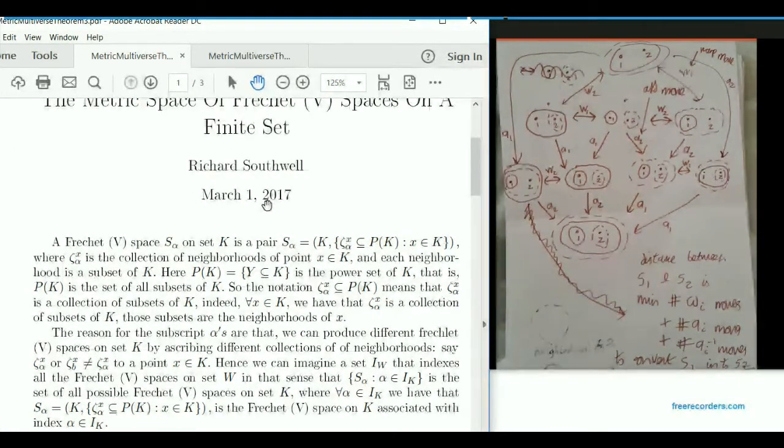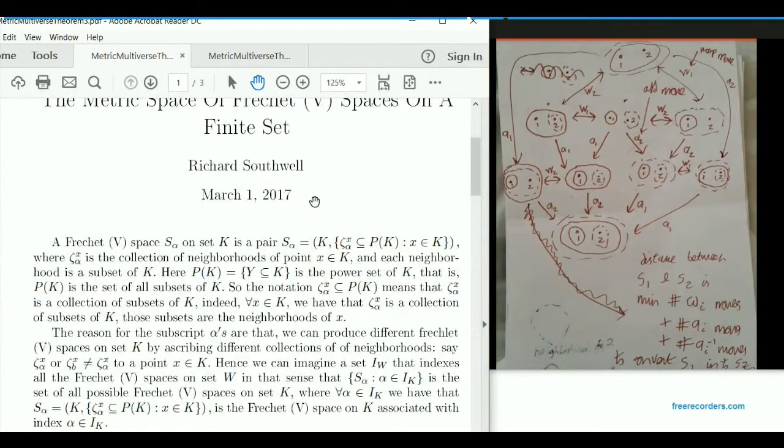And we think there's a pair. Obviously it involves the set K, and it also involves this set of things which we call zeta x alpha, which are subsets of the power set of K, and we're going to have one of those for each x in K. So remember, K is just the set of elements in our space. Don't worry about alpha for now, it's an indexing thing that will become important later.